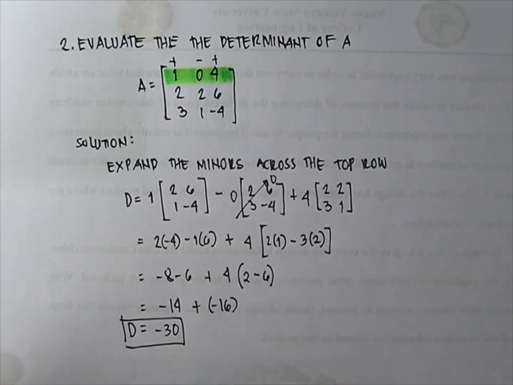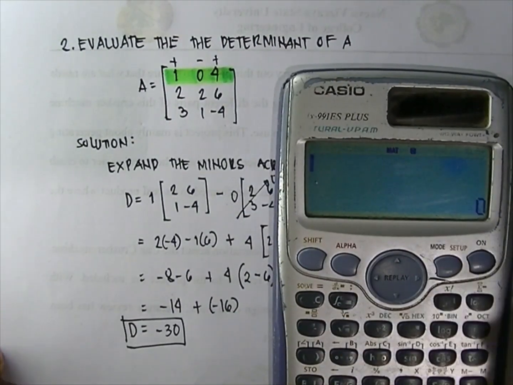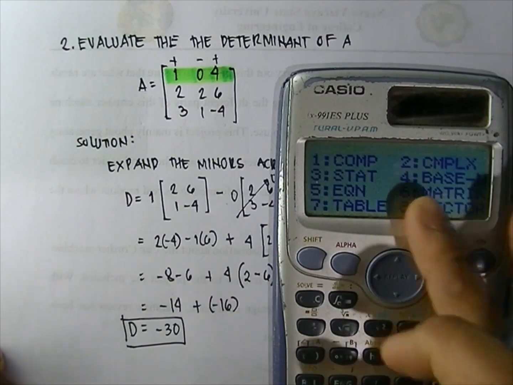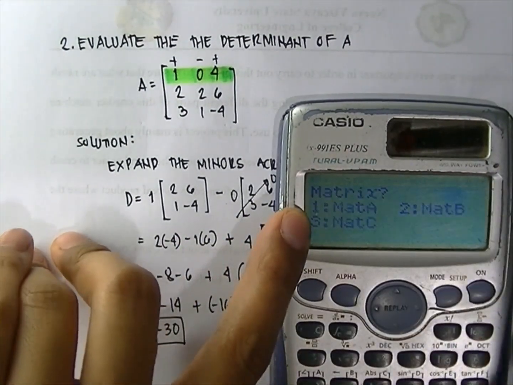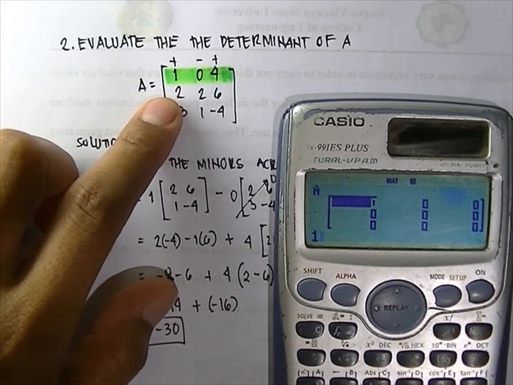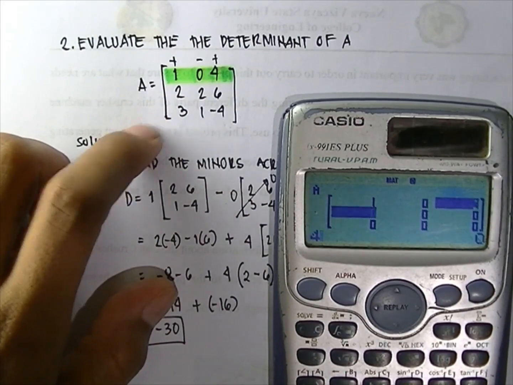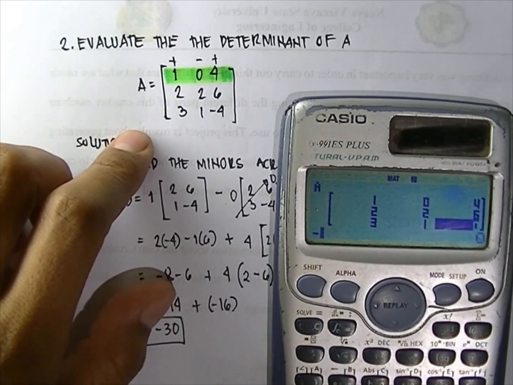We can also solve the determinant of A by using our calculator in a simple way. So, mode, matrix 6, let's say matrix A, 1, and it is a 3 by 3, 1. So, 1, 0, 4, 2, 2, 6, 3, 1, negative 4.